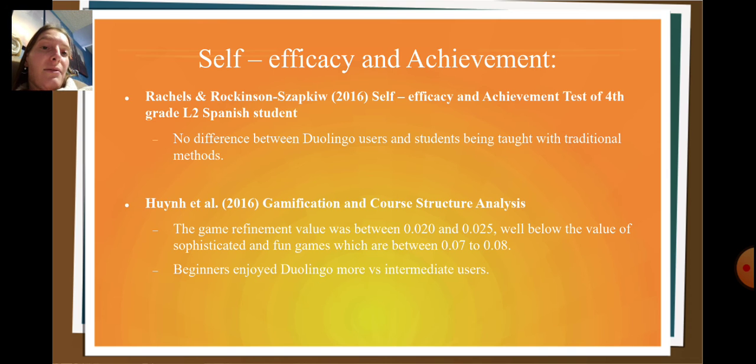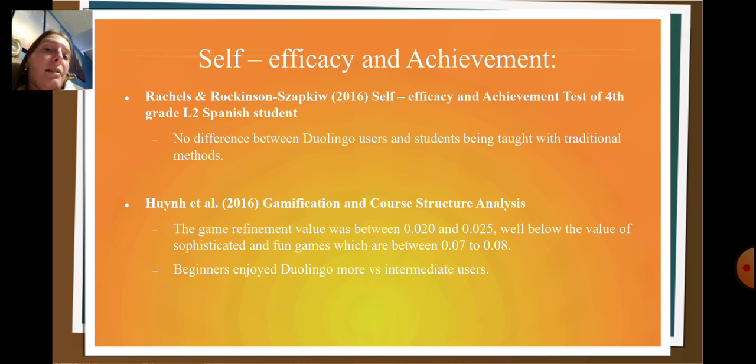And they identified that the game refinement value of Duolingo was between 0.020 and 0.025. And what that means is that in order for a game to be good, as in measuring sophistication and how fun the game is, it needs to be 0.07 to 0.08. So Duolingo has a long way to go.